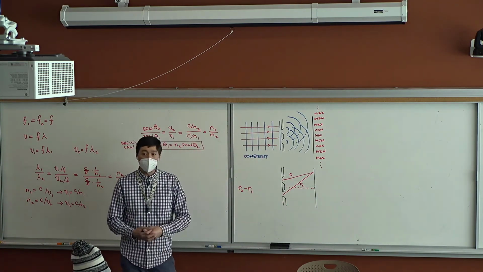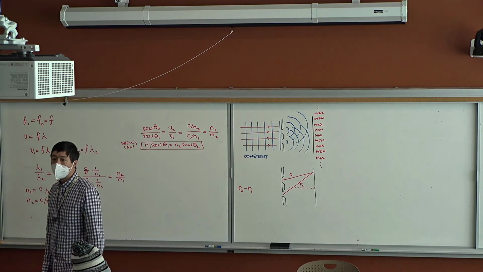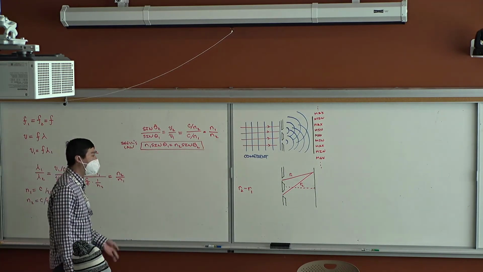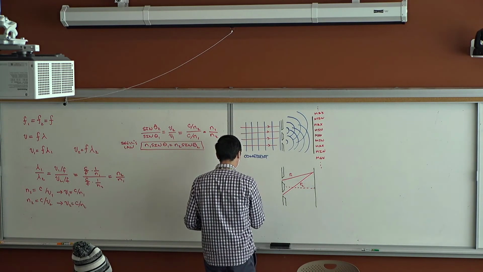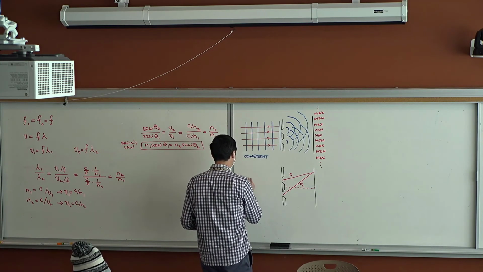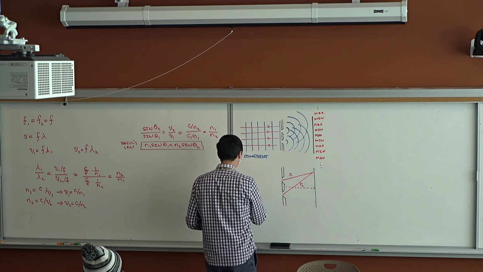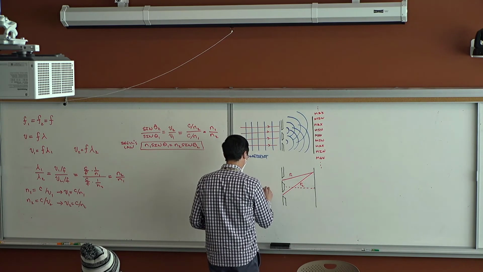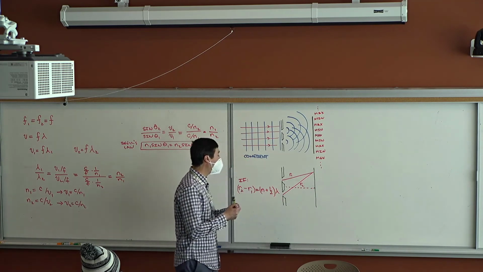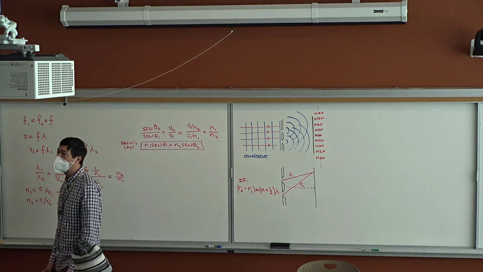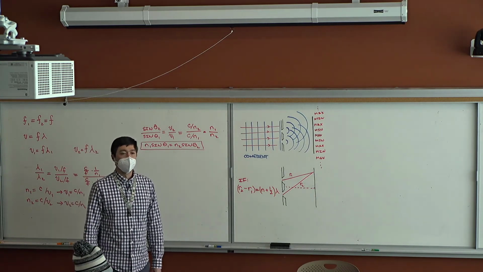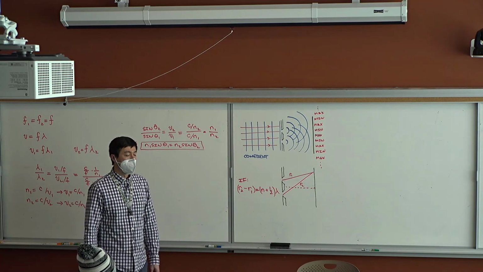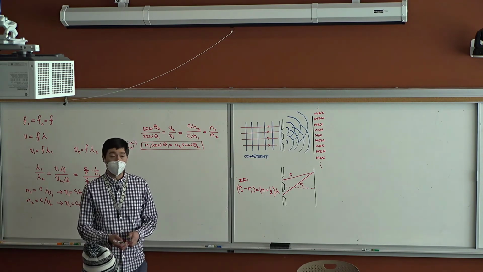If R2 minus R1 is equivalent to some integer plus half number of wavelengths, then what's going to happen if they started out in phase? Destructive interference. We'll get destructive interference because they're arriving out of phase, right?